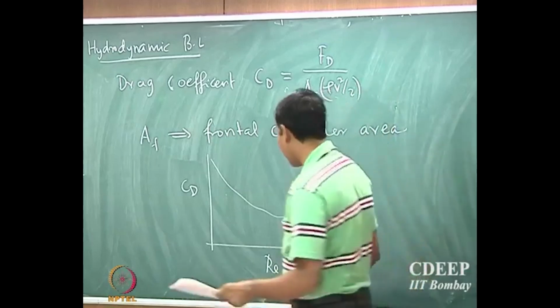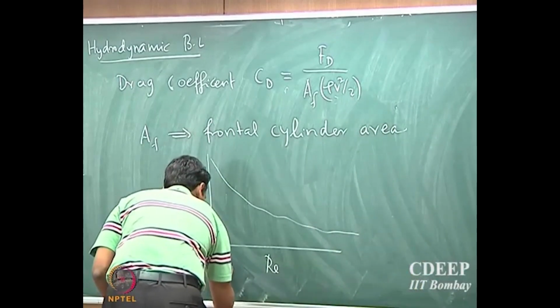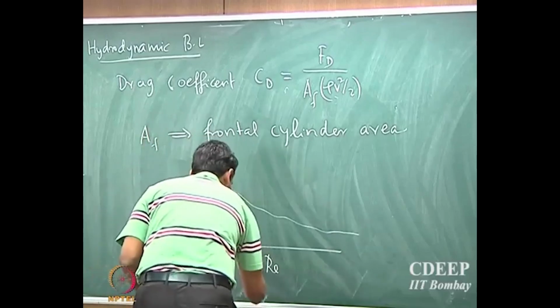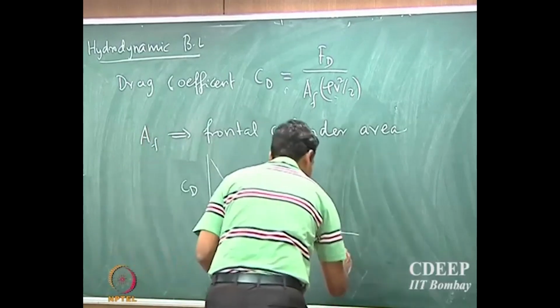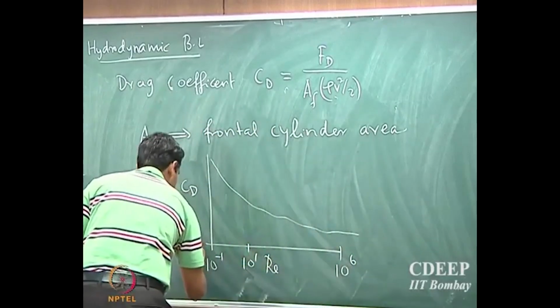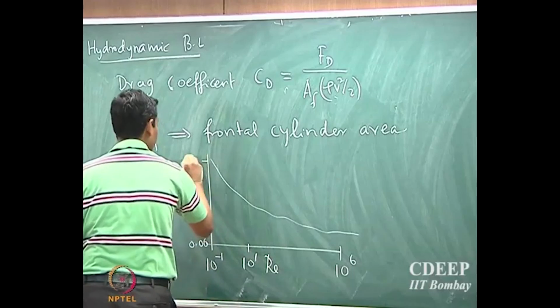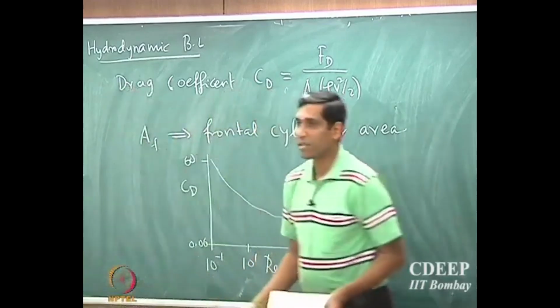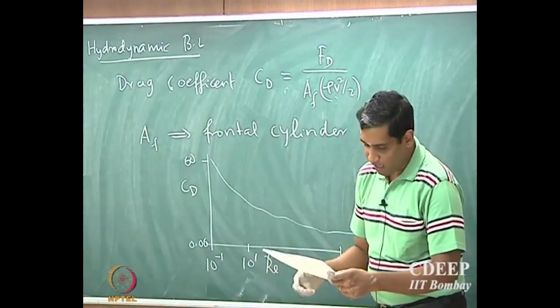So I can put some numbers here. This is 10 power minus 1, it's a log plot, 10 power 1, about 10 power 6, and this goes from 0.06 to 60. That's the profile for drag coefficient.